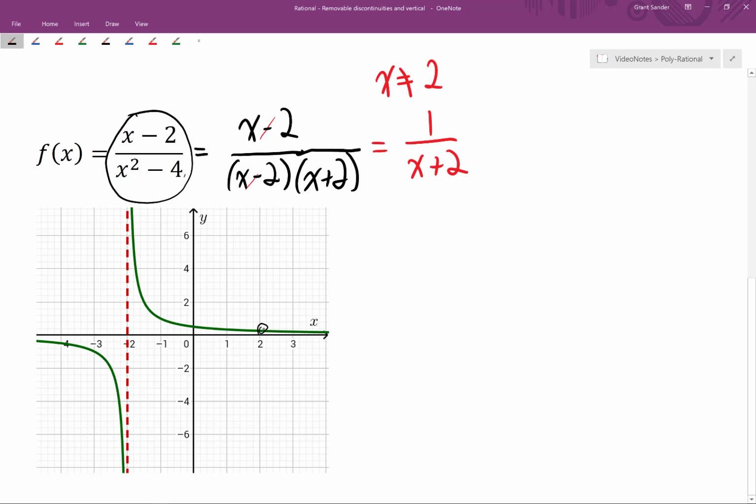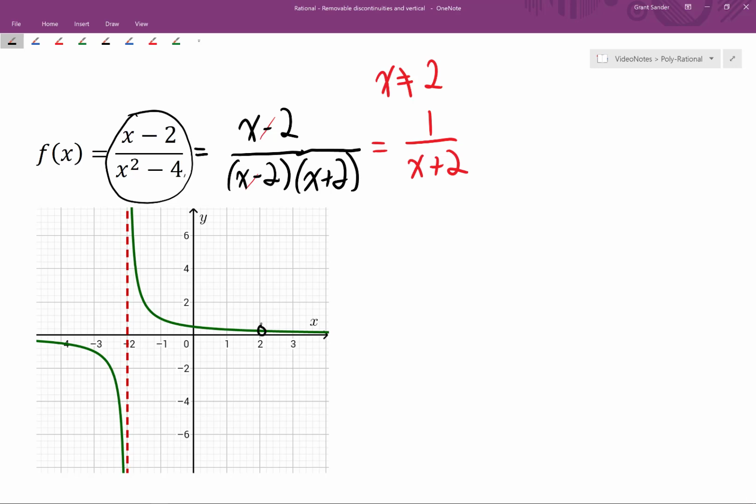There's actually a hole there, and the function f is not defined at x equals 2 because we can't divide by 0. But for every other value of x, the function output is just equal to 1 divided by (x plus 2). And therefore we call x equals 2 a removable discontinuity of this function.